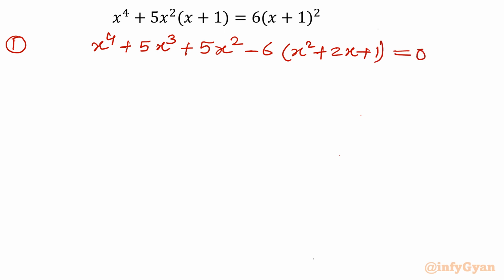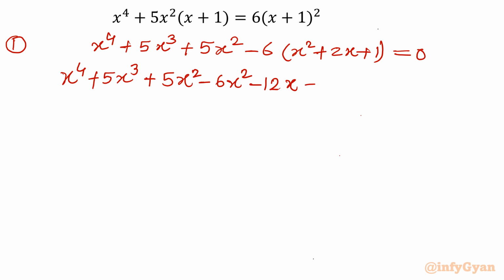I expanded (x plus 1) whole square using (a plus b) whole square equals a square plus b square plus twice ab. Now I will write individual terms after expansion. Plus 5x square minus 6x square minus 12x minus 6 equal to 0.